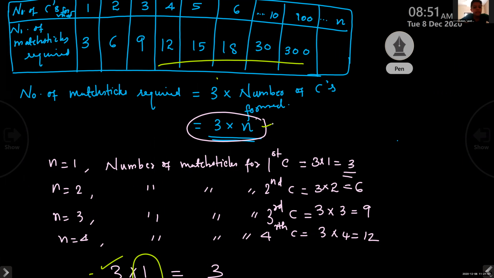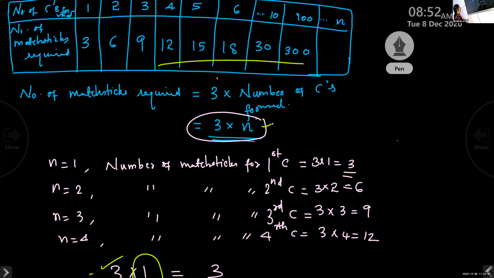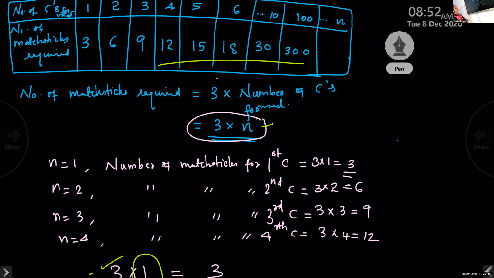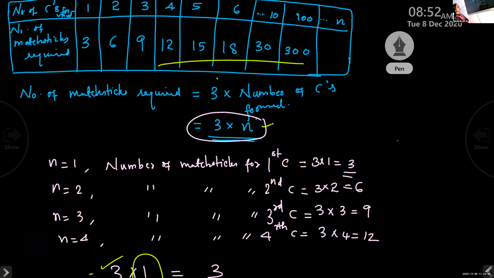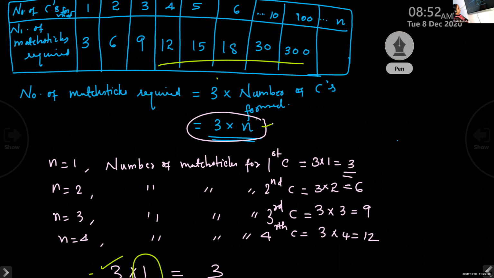Can you scroll the board down? All of you wrote? So you write up to this much, n equal to 4. After this, we will do different patterns and we will derive the rule for everything.